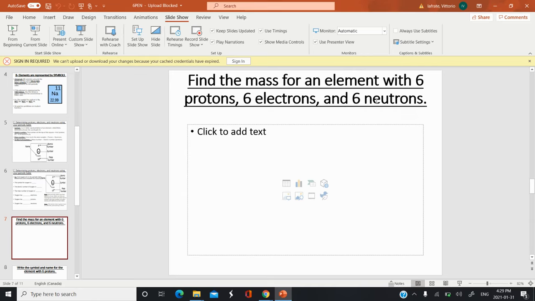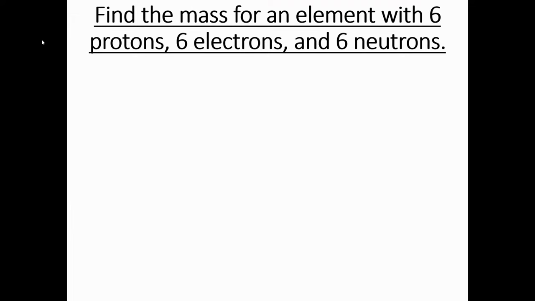Here I gave you all the information you need. And because I gave you all the information that you need, you just need to use that information to solve for the mass. Remember that mass is really your number of protons plus your number of neutrons. So all you have to do is take your number of protons, which is 6, plus your number of neutrons, which is 6, add them together, and you get 12.